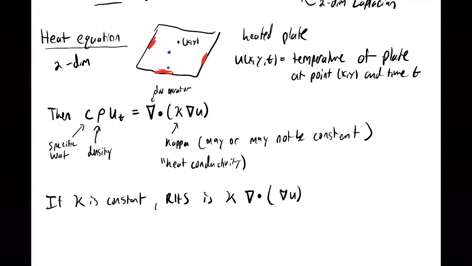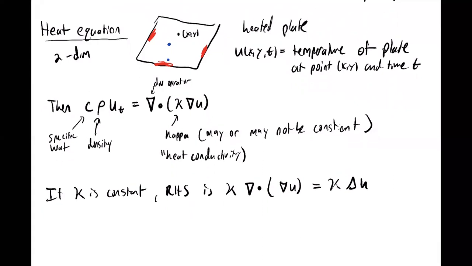But it's an easy calculation to see that the divergence of the gradient is the Laplacian operator. So you get kappa times the Laplacian of u. And so in this case, the heat equation becomes the time derivative of u is equal to kappa divided by c times rho, times the Laplacian of u. So this is just the diffusion equation again, with maybe a different constant.